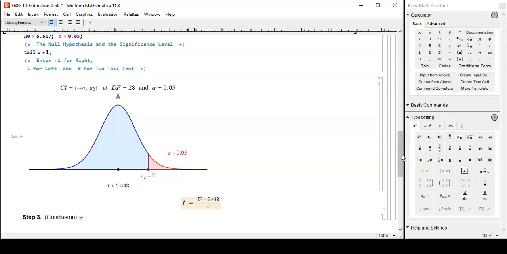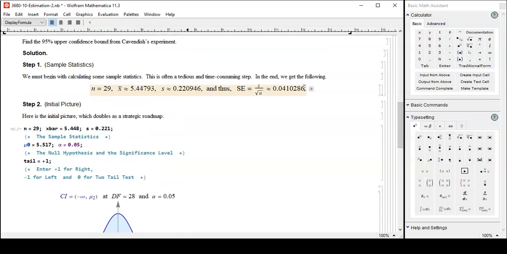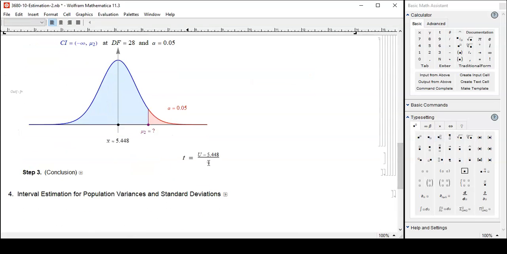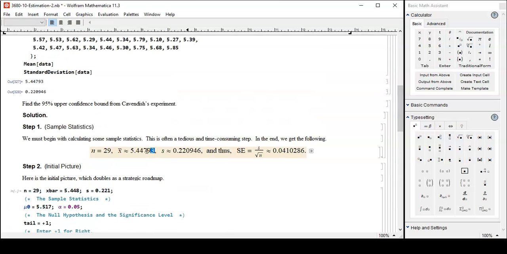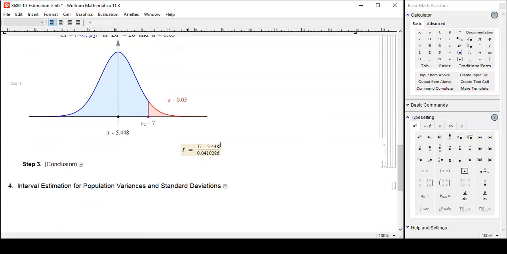Oh, by the way, what was SE? Oh yeah, this. And 5.448, let's use a little bit more decimal digits and increase the font a little bit further.